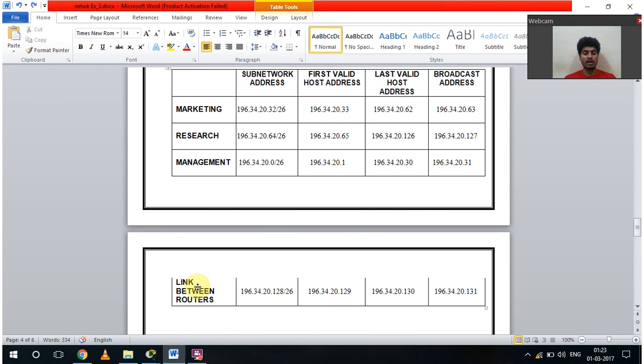The link between the routers comes after this broadcast address, so the fourth network will be 192.34.20.128, the first address 192.34.20.129, and the last valid host address 192.34.20.130.